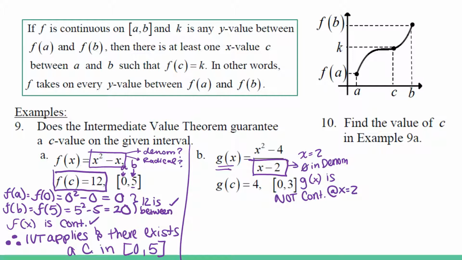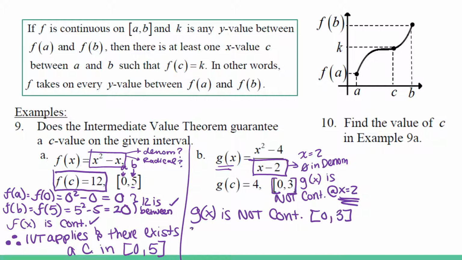Now, since x equals 2 is in fact between 0 and 3, that means g of x is not continuous on the given interval 0 to 3.